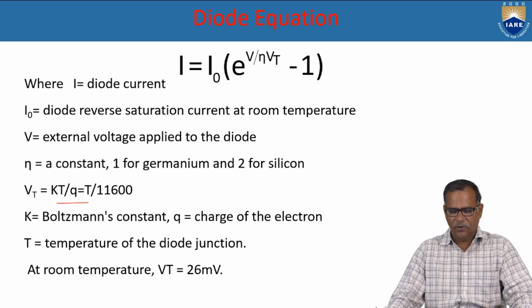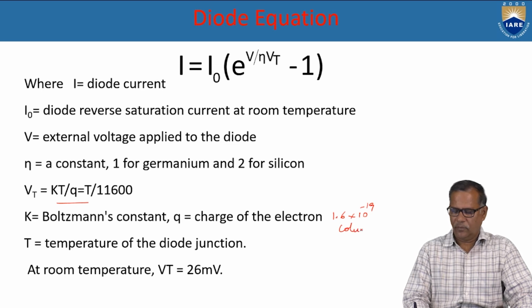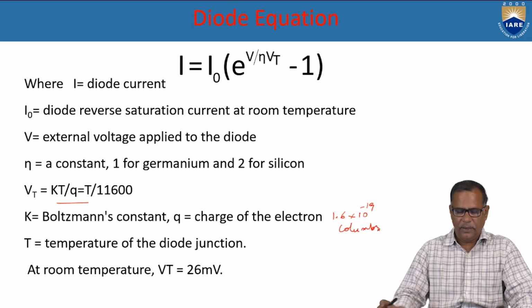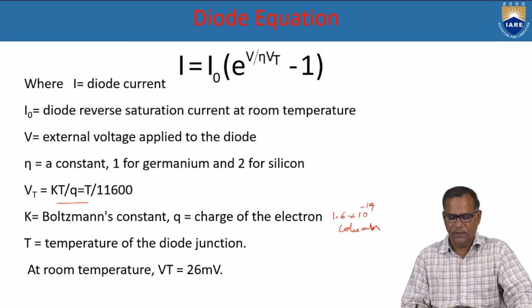K is the Boltzmann constant and Q is the charge of the electron, approximately 1.6 into 10 to the power minus 19 coulombs. T is the temperature of the diode junction. At room temperature, Vt is equal to 26 millivolts.